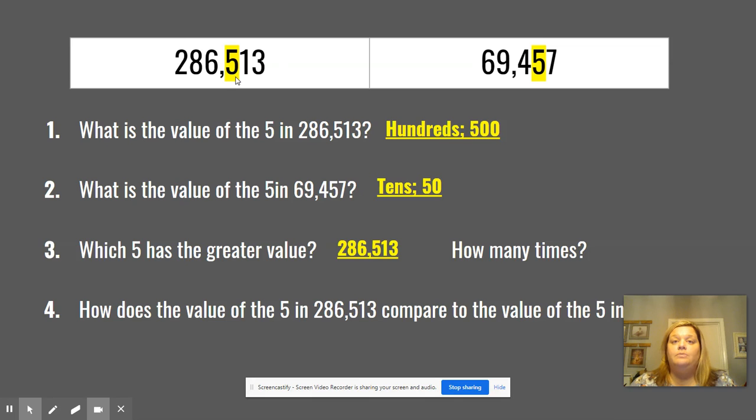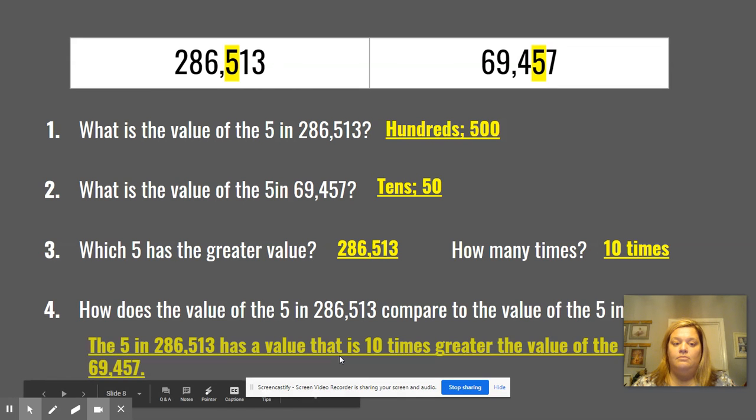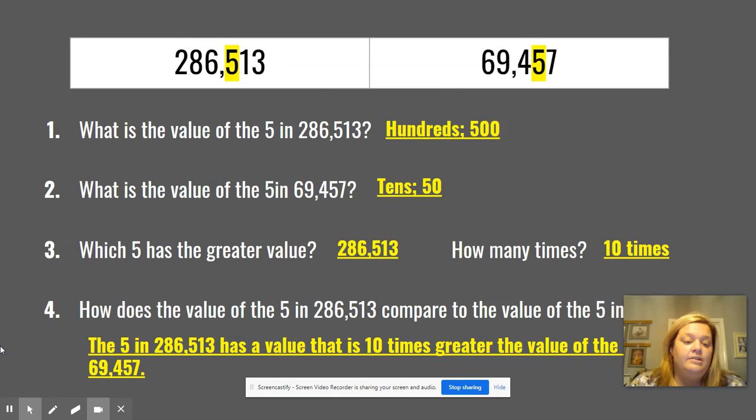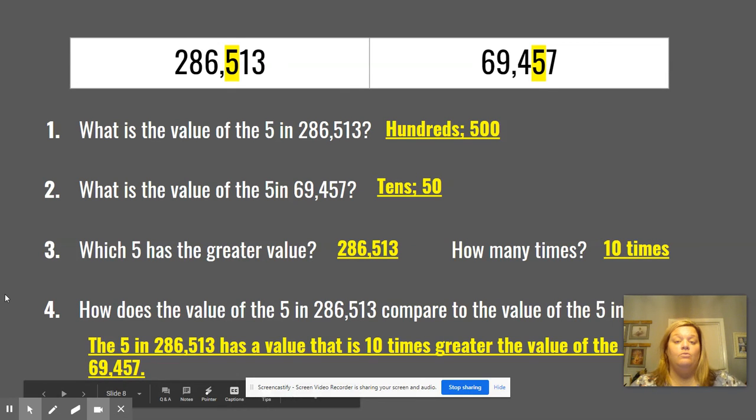So this 5 is in the hundreds place, this 5 is in the tens place. So that means that the 5 in 286,513 has a value that is 10 times greater than the 5 in 69,457 because the 5 in the first number is to the right, so it's this way. So it's going to be 10 times greater than this. Okay?